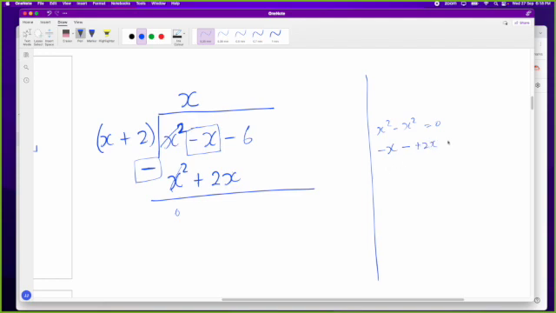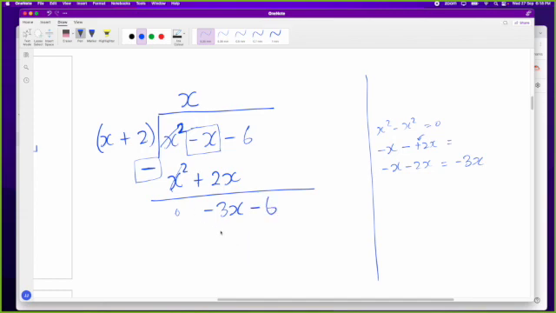Well, that gives me minus x minus 2x, which gives me minus 3x. So now I ended up having minus 3x here. So be real careful, this is where this gets tricky, right? And then this minus 6 doesn't have anything to subtract from, so it just remains as minus 6. We just bring it down.